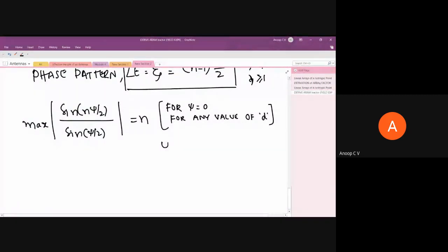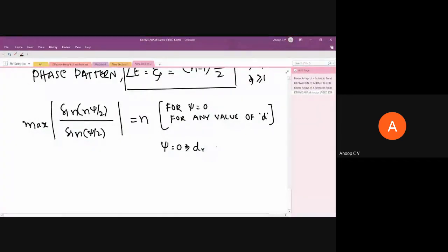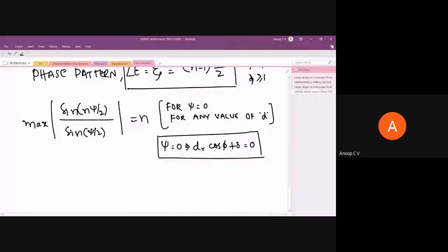Psi equal to 0 implies d r cos phi plus delta is equal to 0. That is the meaning. Maximum will occur there, so please do keep this in mind. This is a very important point.